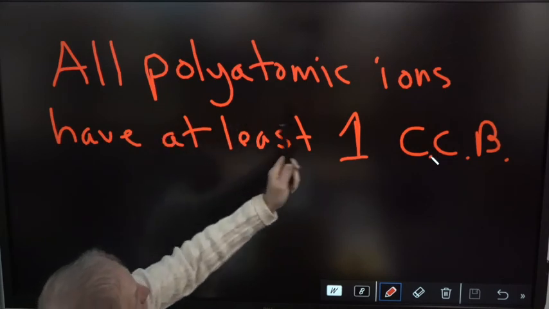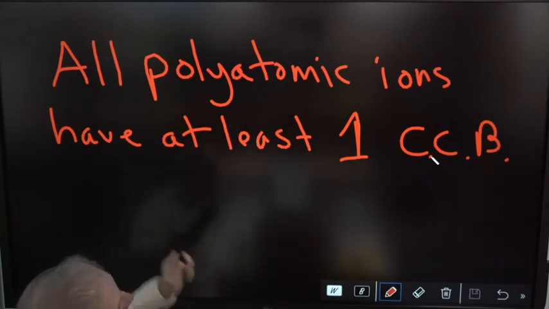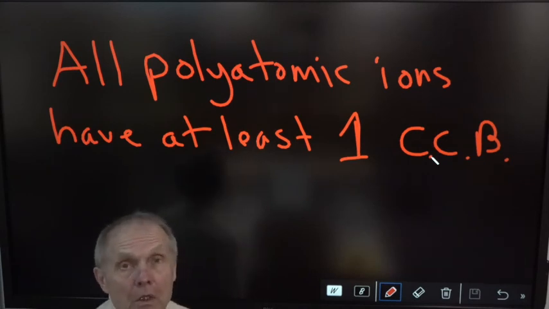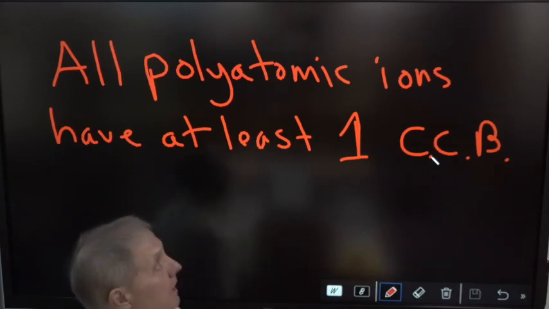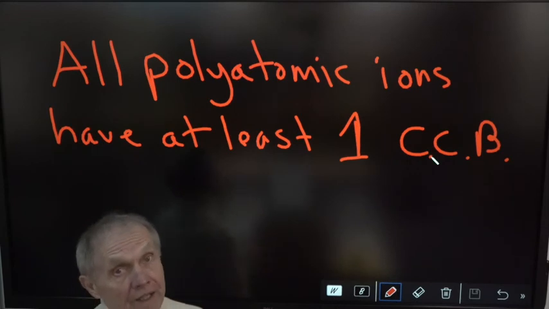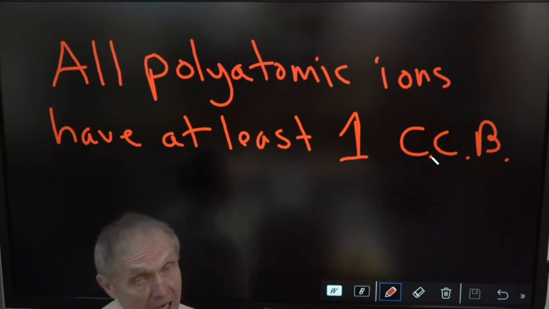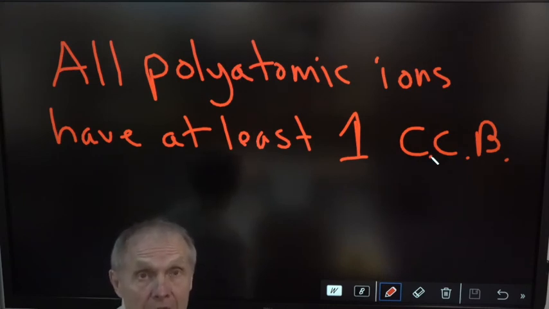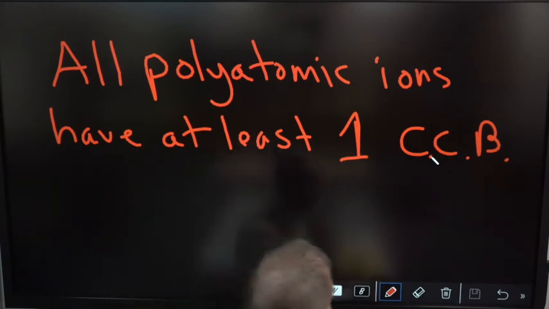All polyatomic ions have at least 1 coordinate covalent bond. Some have 2. So what we're going to do now is I'm going to show you, and this gets pretty complicated, so you got to pay attention. I'm going to show you an electron dot of a polyatomic ion. So here we go. So this polyatomic ion I'm going to show you is this one.